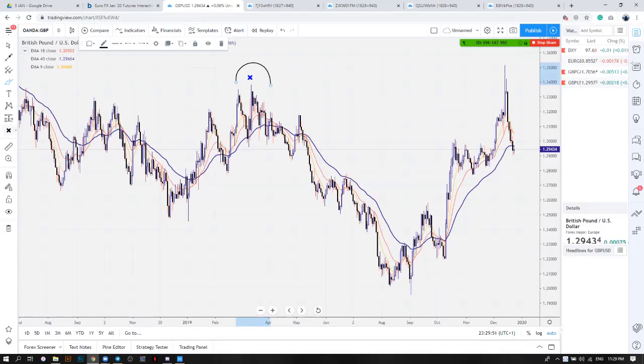So we mark this X, intermediate term high, one to the left, one to the right. It's not really that visible on the daily time frame, but if you break it down to like the 4-hour time frame, you're going to see clearly.